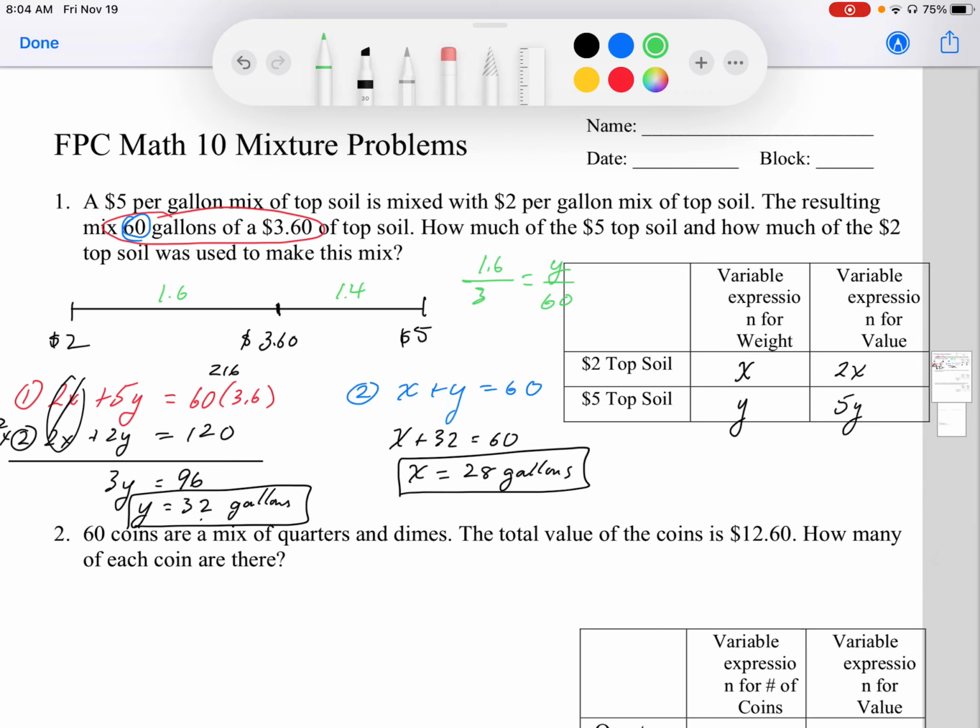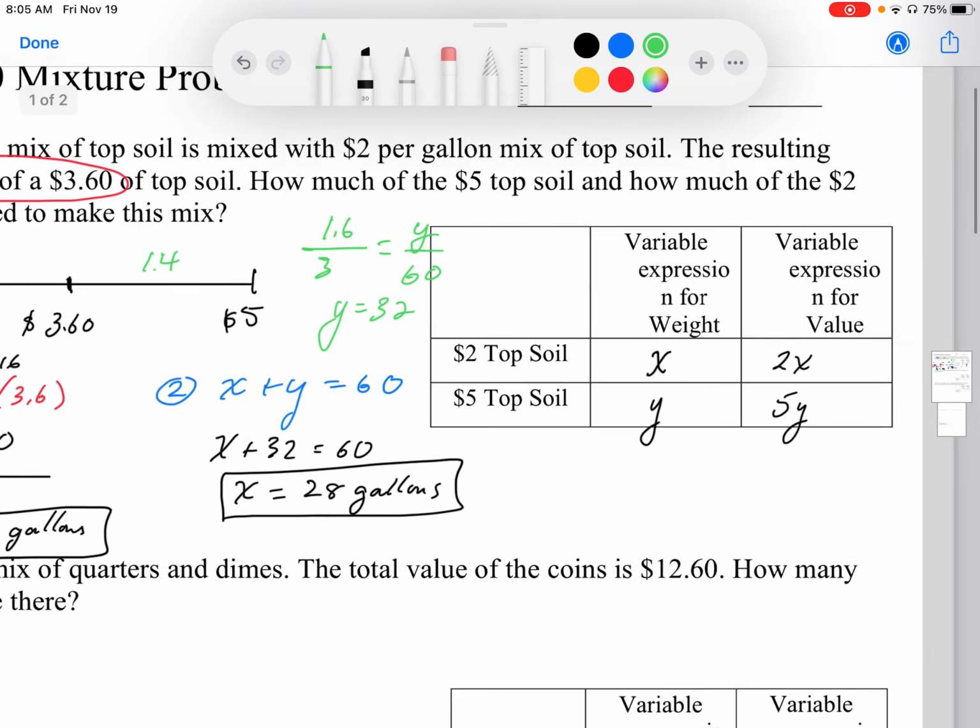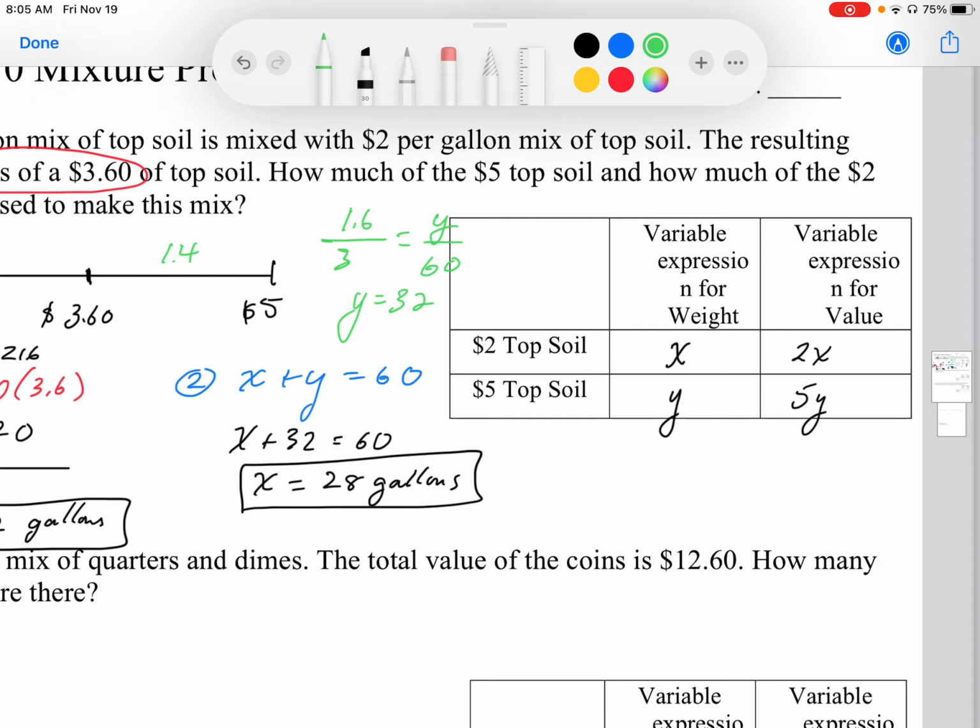If we work this proportion out, we get Y equals 32 gallons, which is what we got before. And we can do the same calculation for the $2 topsoil. The gallons of $2 topsoil to 60 gallons total is going to be 1.4 to 3, the $3 difference in total. And again, solving for X, we end up with 28 gallons.